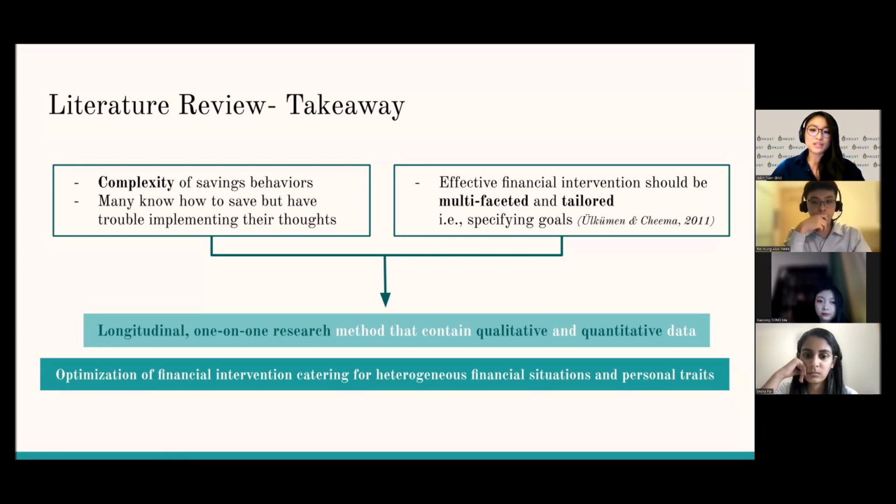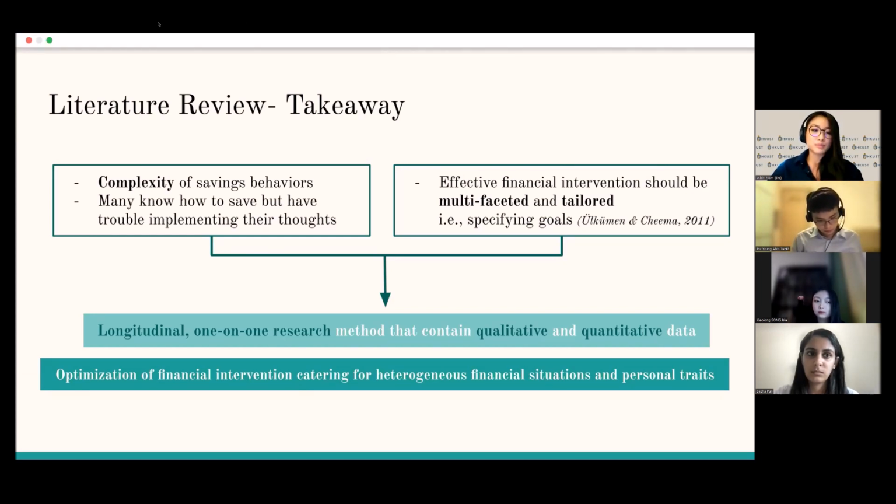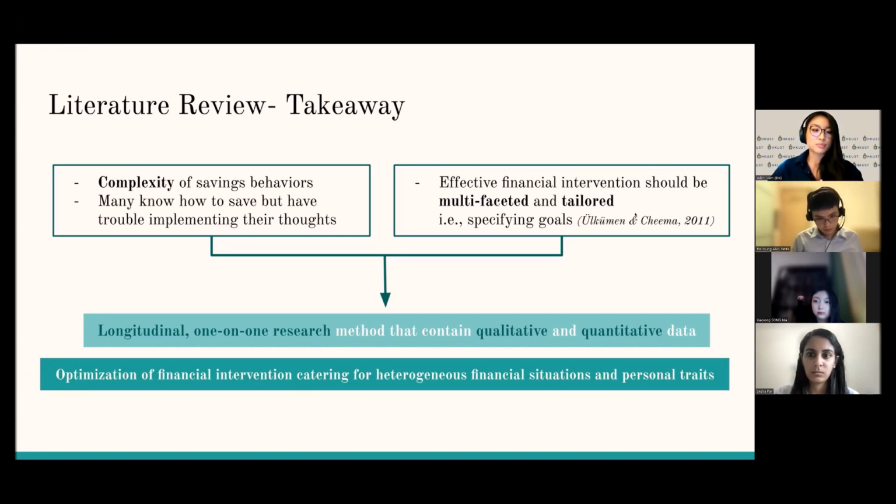Therefore, we believe that a longitudinal one-on-one interview research method that contains both qualitative and quantitative aspects of data will be very helpful for us to optimize financial intervention programs, catering for different people's financial situations and their personal characteristics. Now, I'll pass my time to Sneha to discuss our research method.